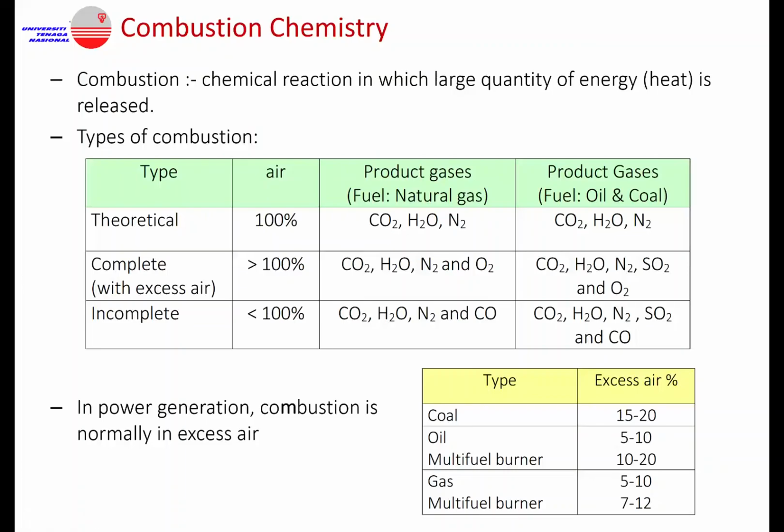My question is, why is it important for us to supply excess air? I've mentioned this before. In combustion, there are many uncertainties. You might have complete combustion, you might have incomplete combustion.